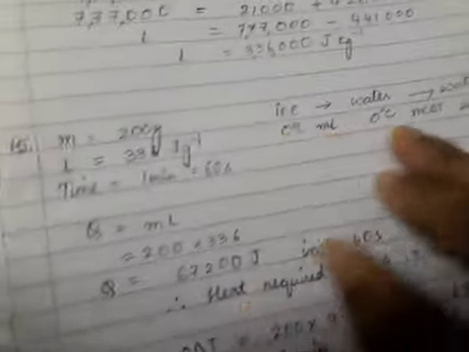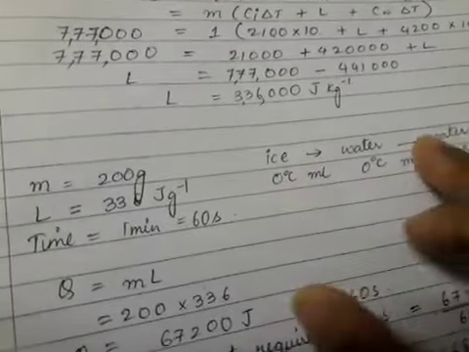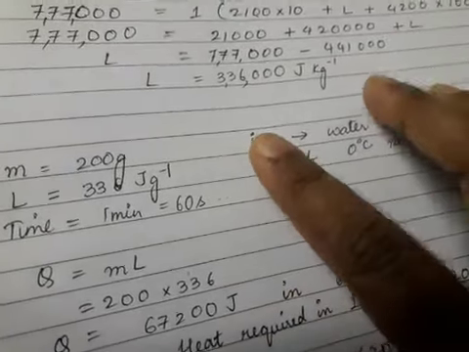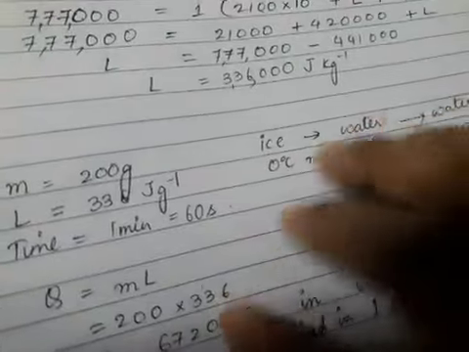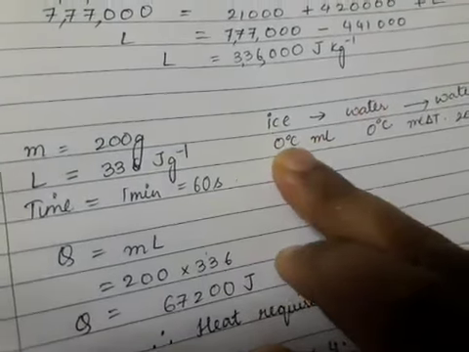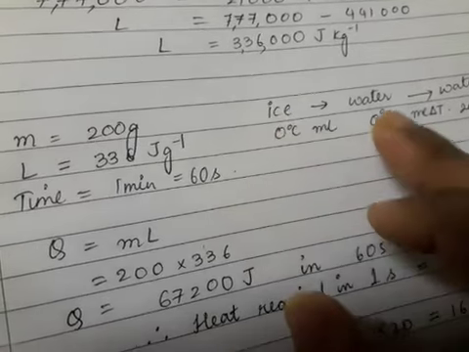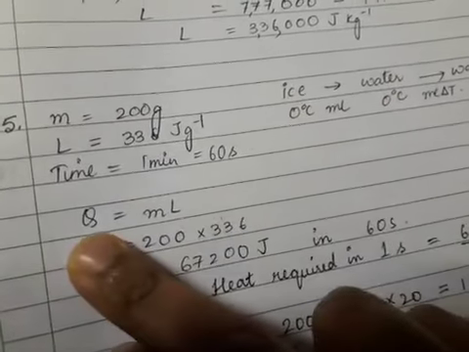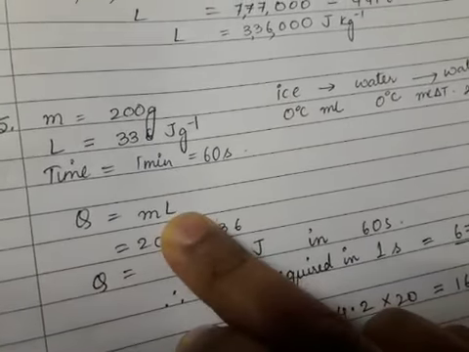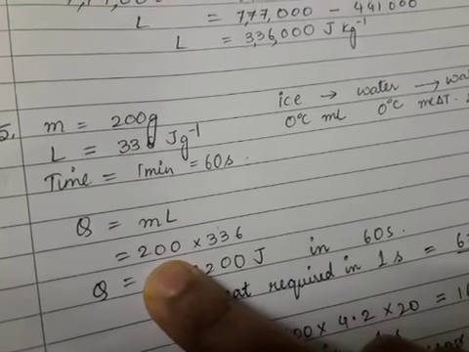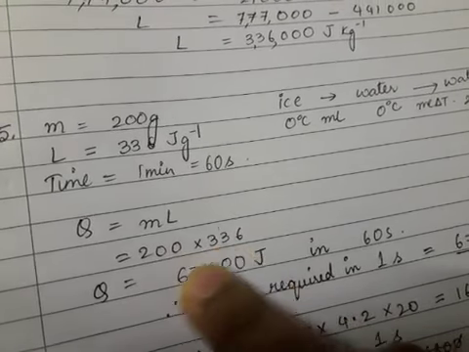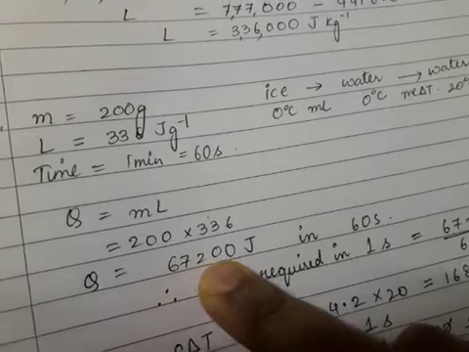Okay, this is ready. So we'll first find it out separately here, not like this. We'll find it out separately. So when it changes from 0 degrees Celsius ice to 0 degrees Celsius water, our Q will be mL. So m is 200 and L is 336. Multiply, you'll get 67200 joules.